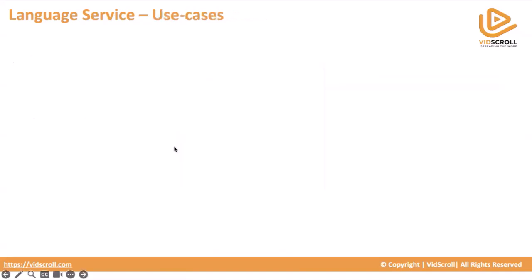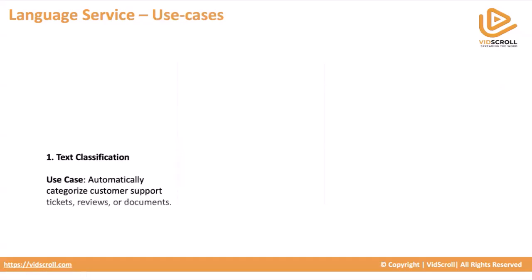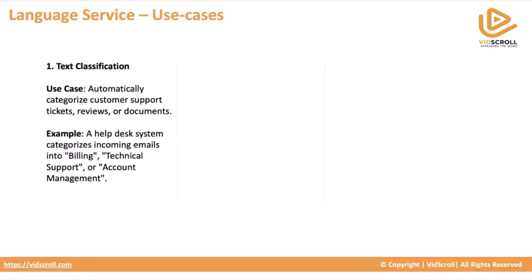Now let us understand some of the use cases of each capability. For example, text classification. The use case can be to automatically categorize customer support tickets, reviews, or documents. You may have one common email box that is used to send support tickets, maybe reviews of your products, and some documents.